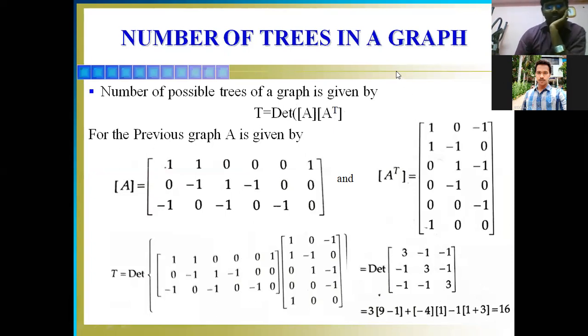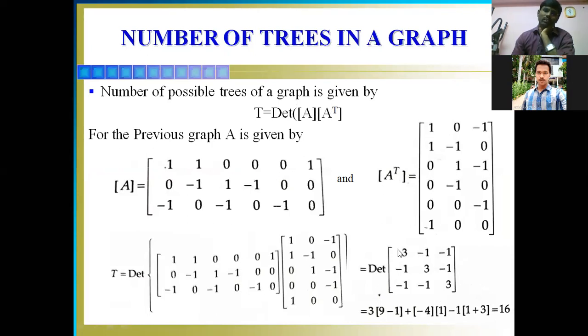Suppose for the given graph, if you take A is equal to this one. If you take A transpose, here A is 3 by 6. A transpose becomes 6 by 3. A row becomes a column.